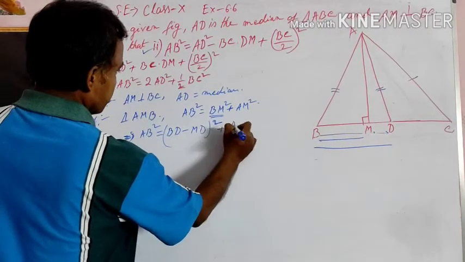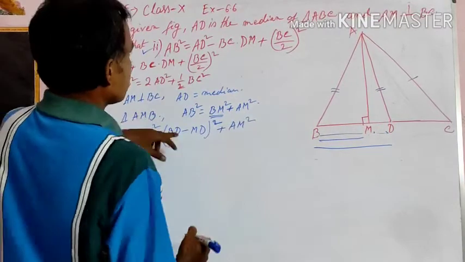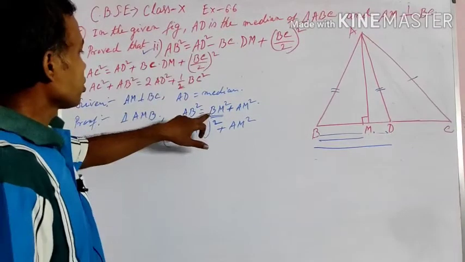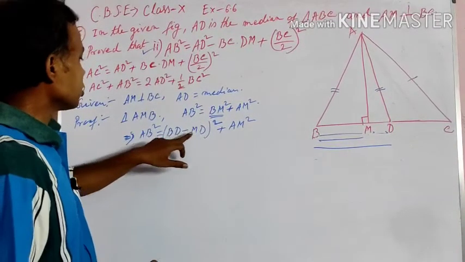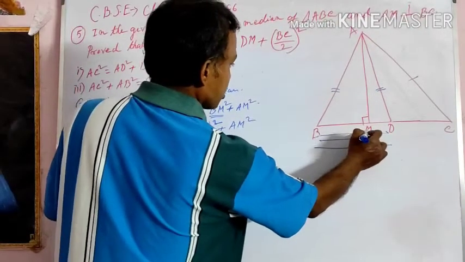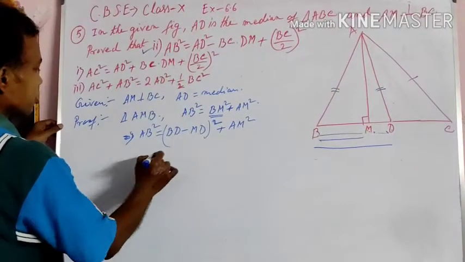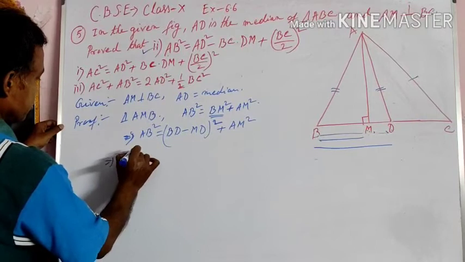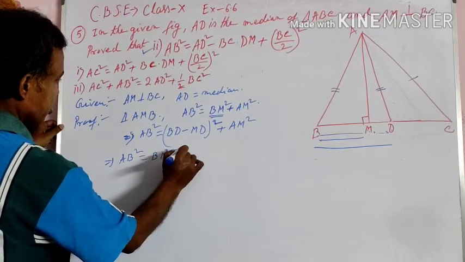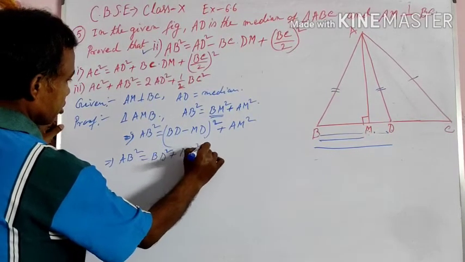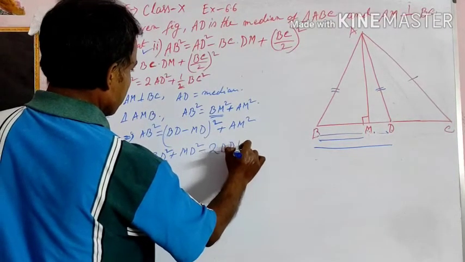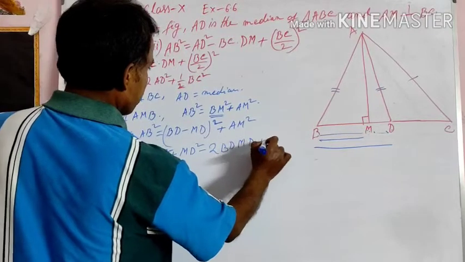And we have to prove DM, so in place of BM we will replace it with BD minus DM. Now AB square is equal to BD square plus MD square minus 2 BD into MD plus AM square.